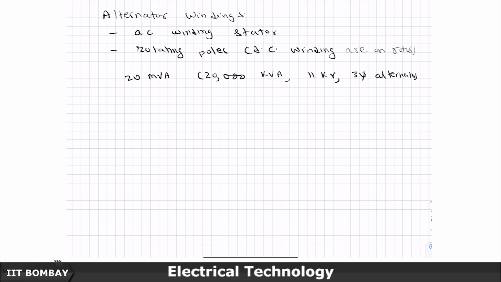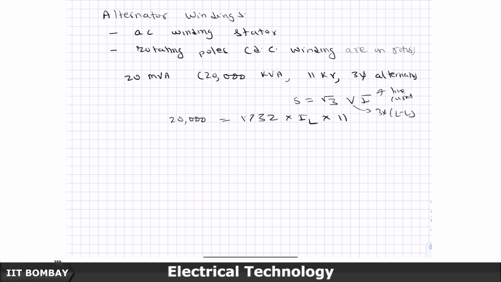So, if you write S for a 3 phase machine as √3 VI, then you will get 20,000 equal to 1.732 into the current capacity IL into 11, where this is the 3 phase line to line voltage and this is the line current.